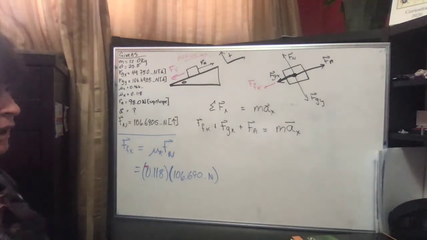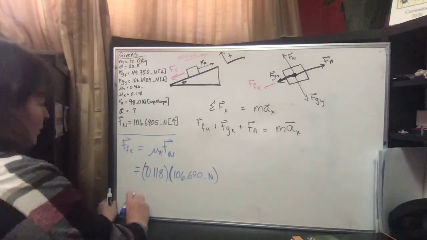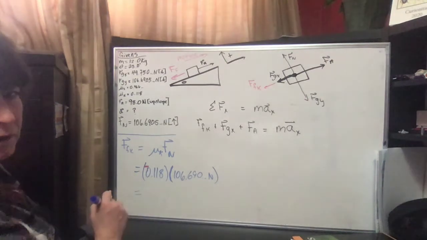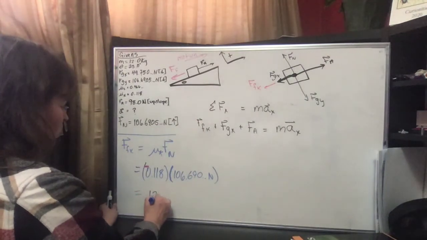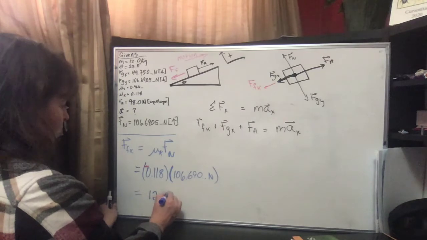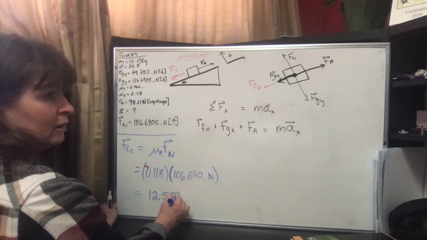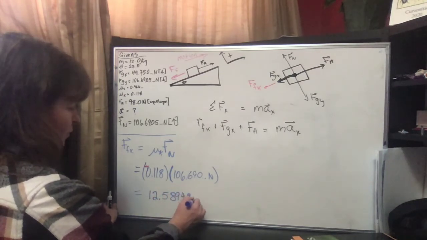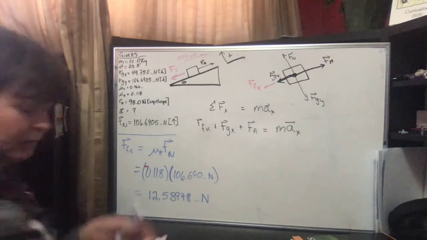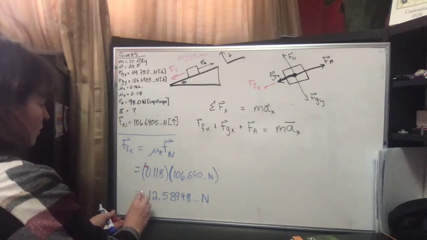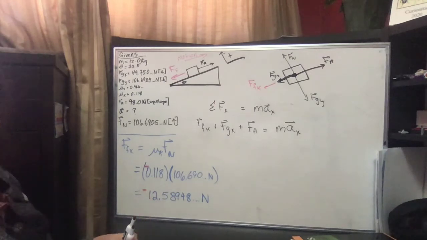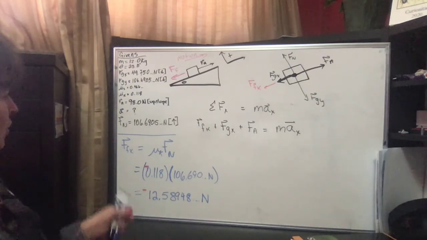And then we bust out our handy dandy calculators, and magic happens, i.e. I've got it written on another board, and we find out that it is 12.58948, and a bunch of other numbers, newtons. Again, it's friction down the slope, so it's going to be a negative value. Okay, so there's our friction.